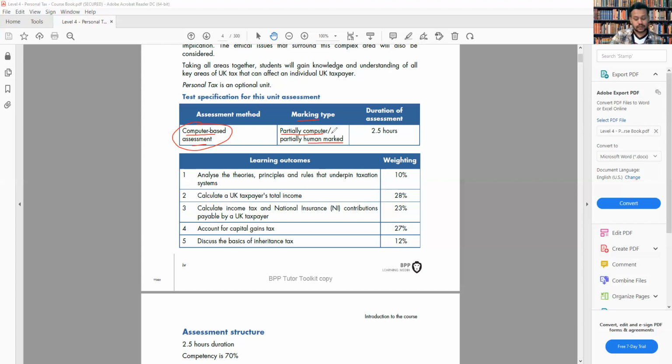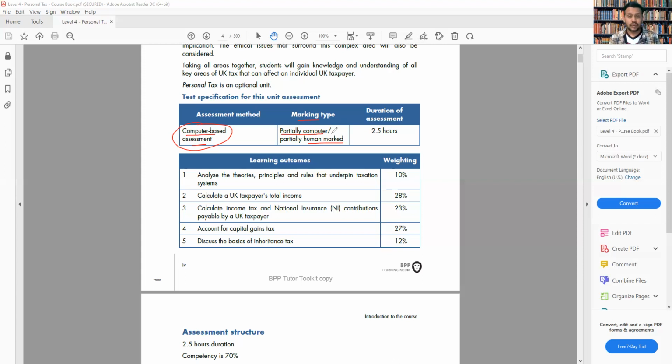Let's say the question asks what is the implication of capital gains tax if a person lives here a few years and then moves to another country, or what is the benefit of applying PPR, this sort of thing they can ask. So if you write an answer, all the students will answer this question. Each individual student will have an individual answer for that. For that reason, this sort of question will be marked by a person, like a human.